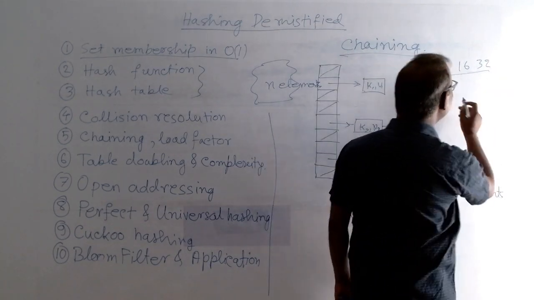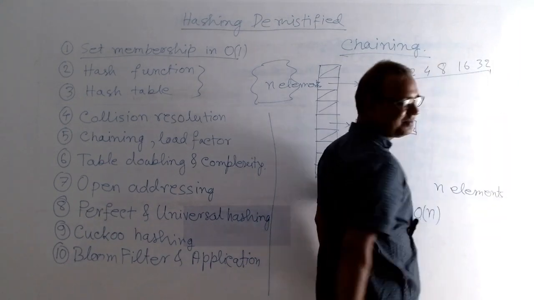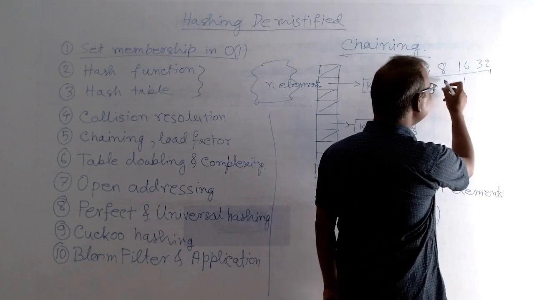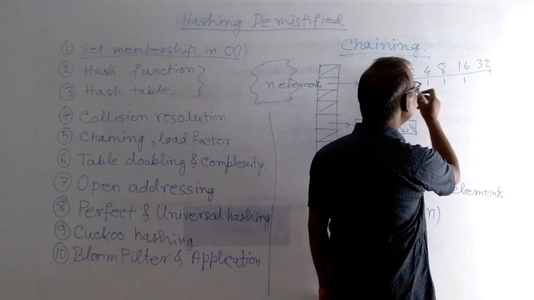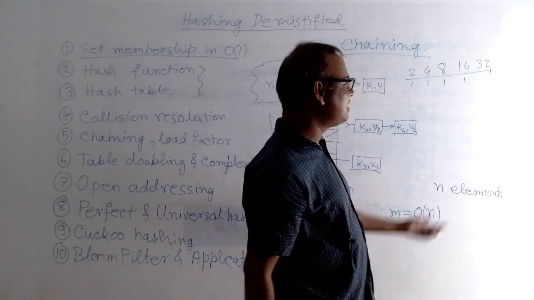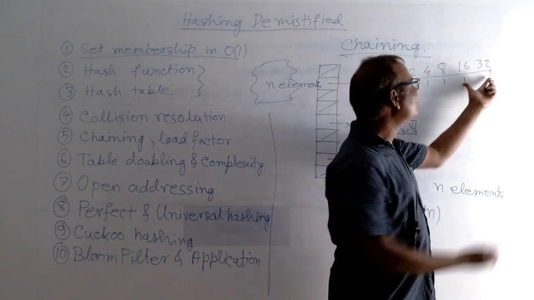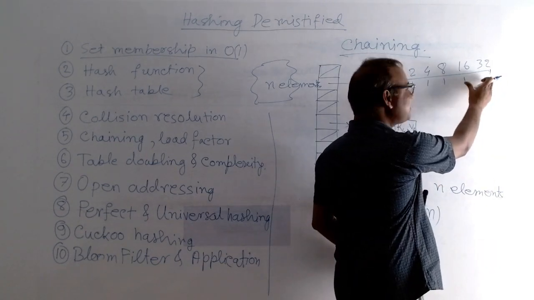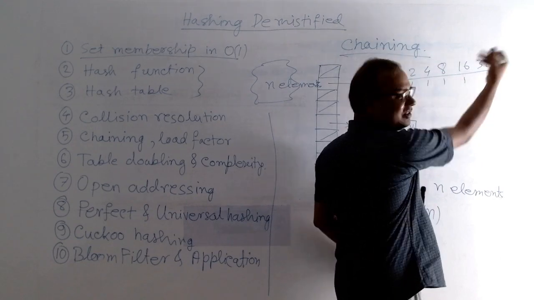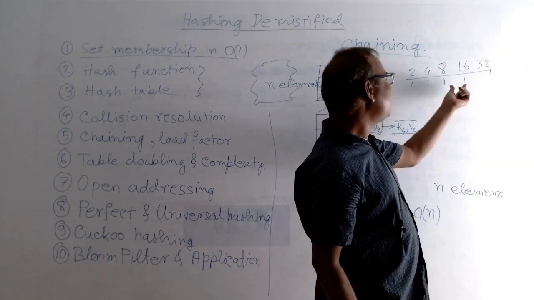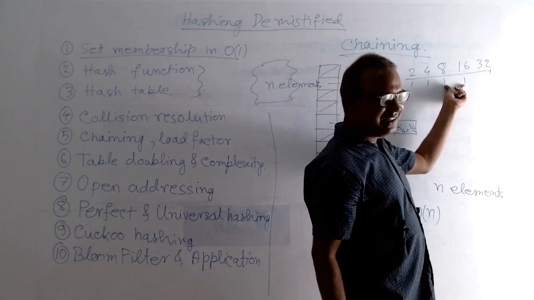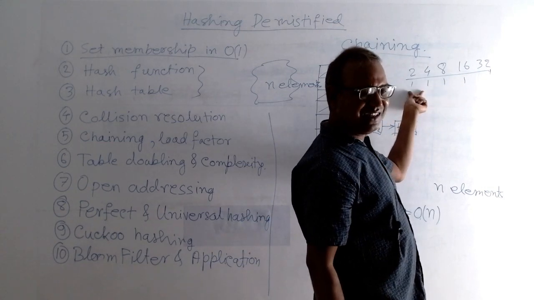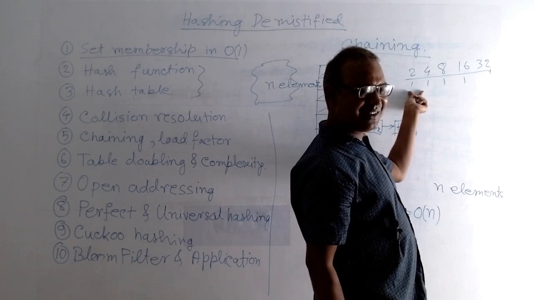Let's say our final table size is 32. We have doubled at 16, at 8, at 4, at 2. So we can insert 16 elements here, and after inserting 16 elements we go for doubling the table. Before that we inserted 8 elements, before that 4, before that 2.